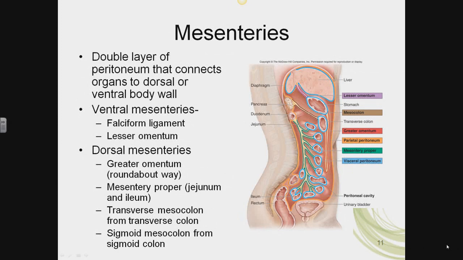We also can tag the greater omentum on the cat, the mesentery proper, as well as frequently tagged on the cat. Lesser omentum, no, not tagged on the cat. It's usually destroyed, and we don't have models that show it, though questions can be asked about it. Transverse mesocolon and sigmoid mesocolon, we do have models that represent these, and you should look at them.